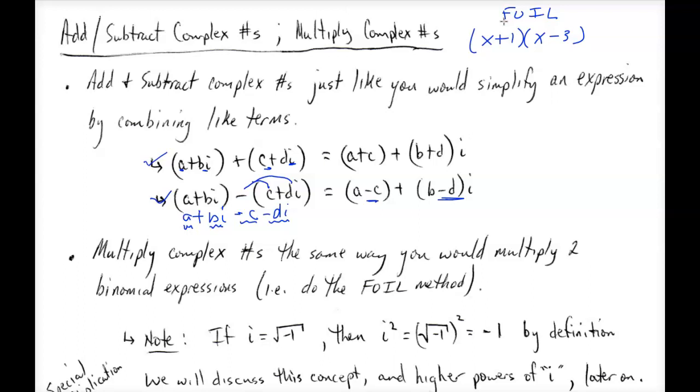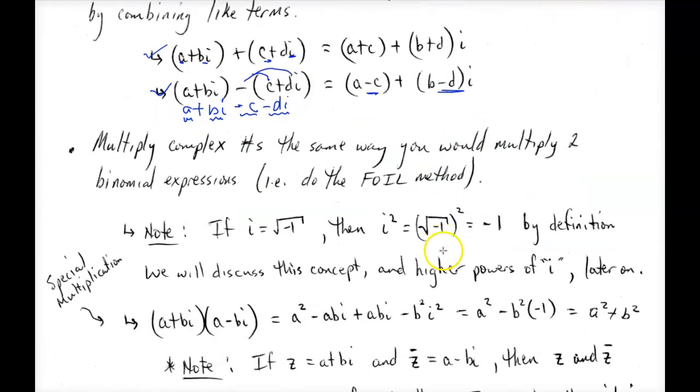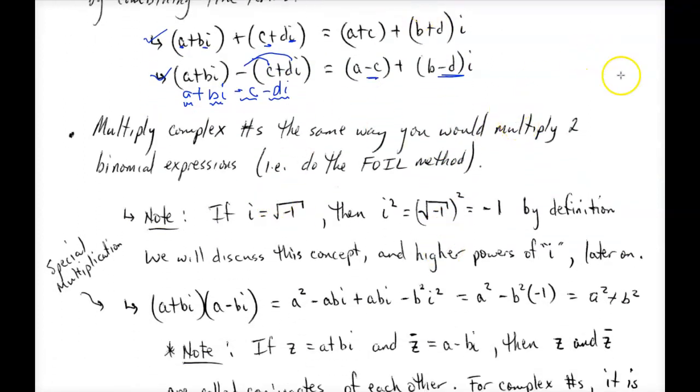We could do the same exact thing using complex numbers. The one thing that's different though is that whenever we start to multiply two imaginary numbers together, that's where things start to change a bit.